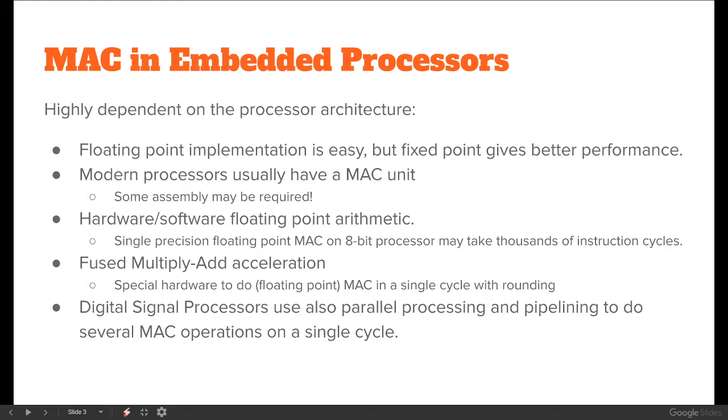But anyways, a single precision floating point multiply accumulate in an 8-bit processor would take thousands of instruction cycles. On a 32-bit processor without floating point hardware, that would take hundreds of instruction cycles, maybe actually closer to 1,000 or a little bit more than that.